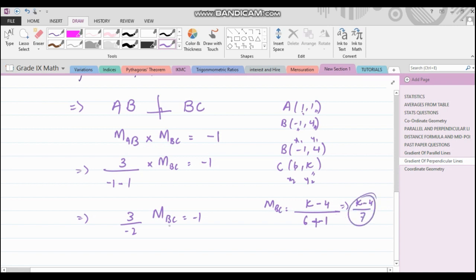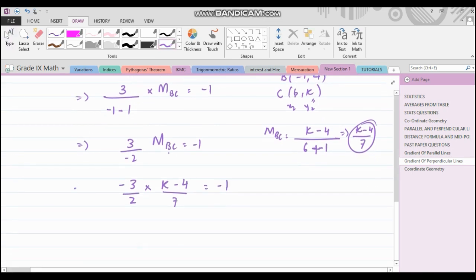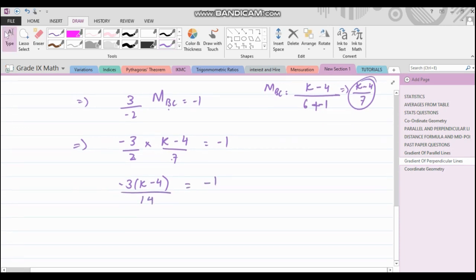I could plug in place of MBC, K minus 4 over 7. So this is -3 by 2 times MBC, that is K minus 4 over 7, and it would be equivalent to -1. So solving this equation, I know this is being multiplied, so I can write it down like this: K minus 4, again 7 and 2 makes it 14, and here is a -1.